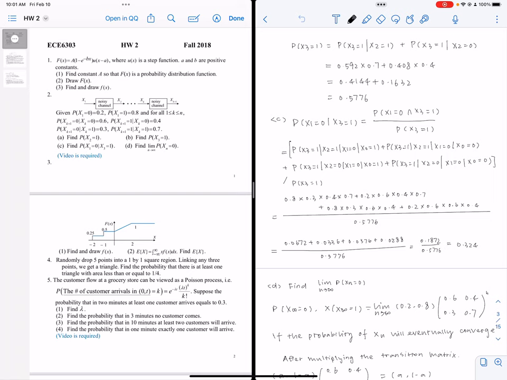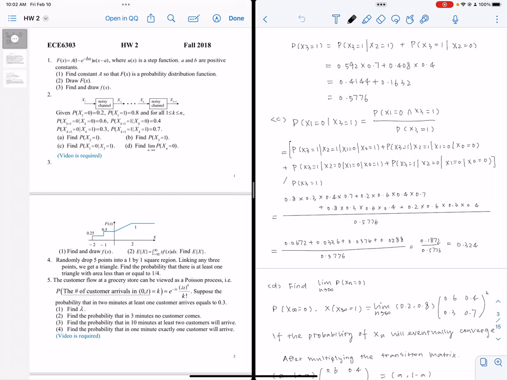We already found that the probability when x3 equals 1 is the 0.5776 that we just calculated. Now we need to know the probability of both x1 being 0 and x3 being 1. Here x0 and x2 can be any value, 1 or 0, and we don't really care about those.